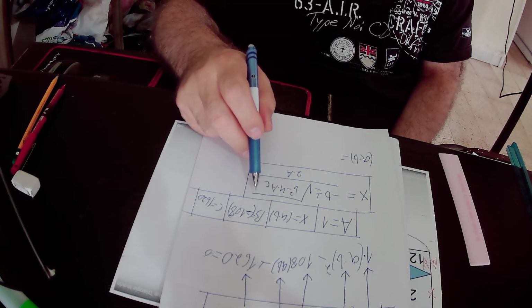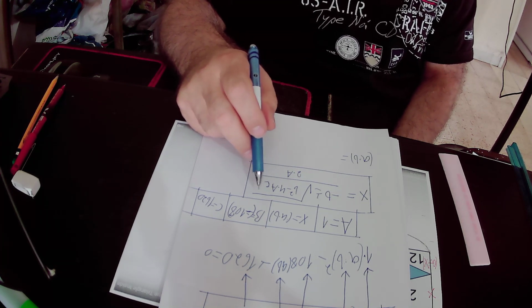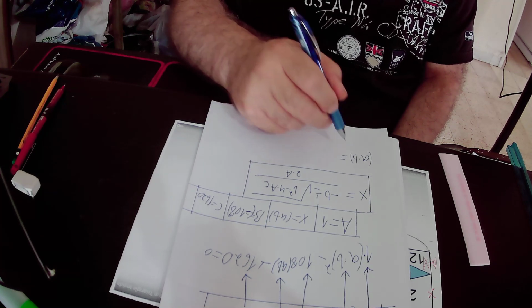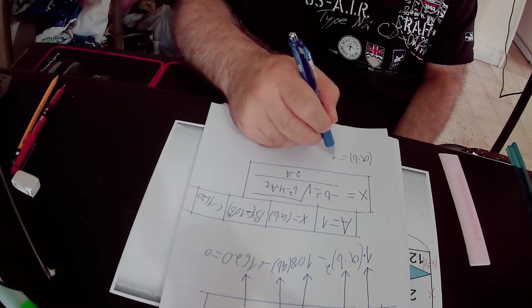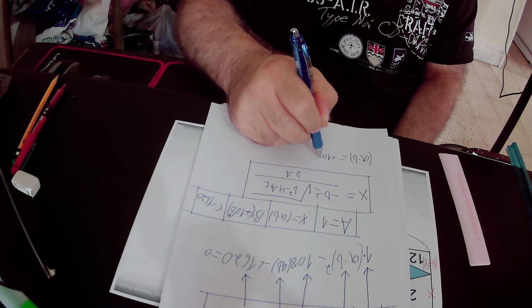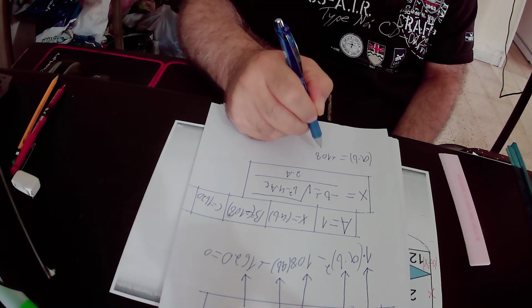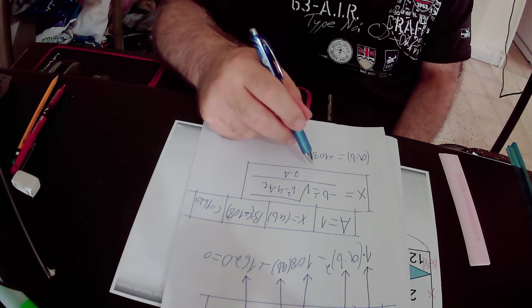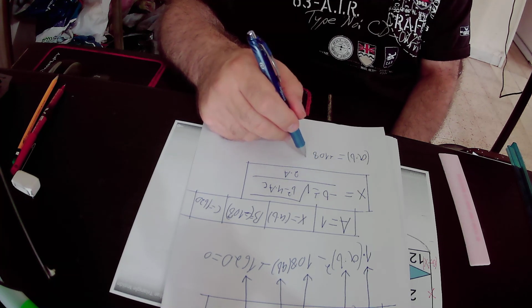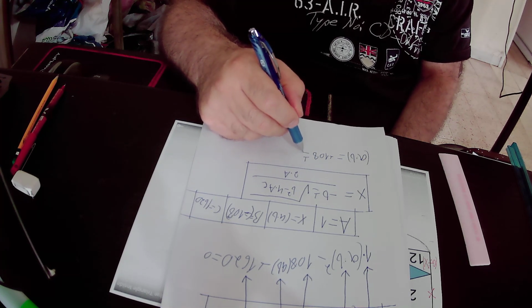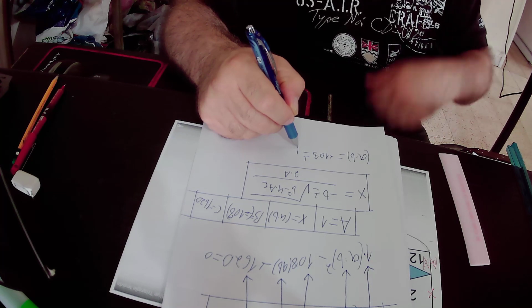So minus b equals plus 108, because negative times negative is positive. So it is 108 plus minus the root of b squared.